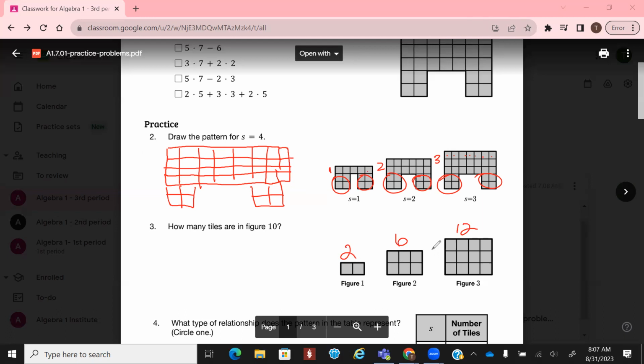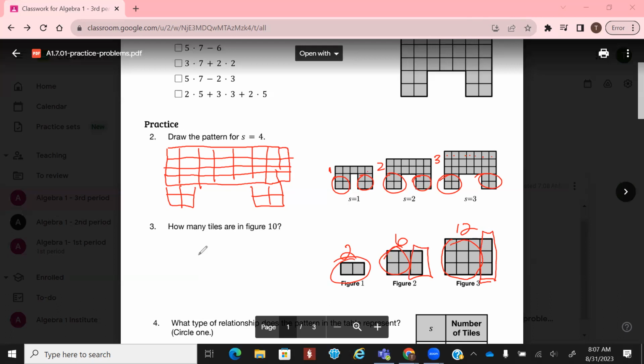So what's happening here? Multiplying by 3? Are you sure? What if we look at it this way? We have a 2 by 1, and then we have a 2 by 2, and then we have a 3 by 3, and look at how we're adding an extra file each time, right?